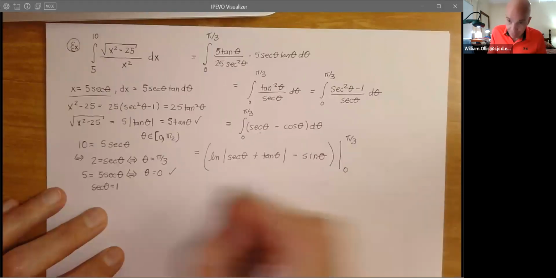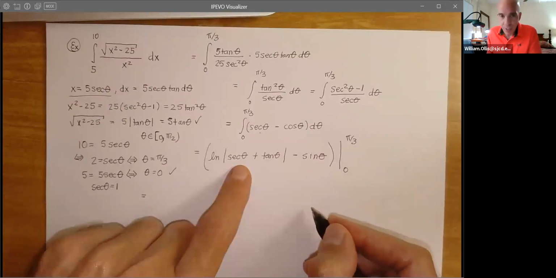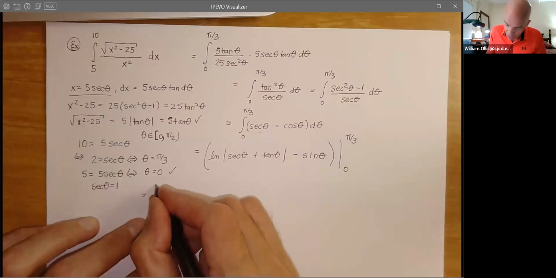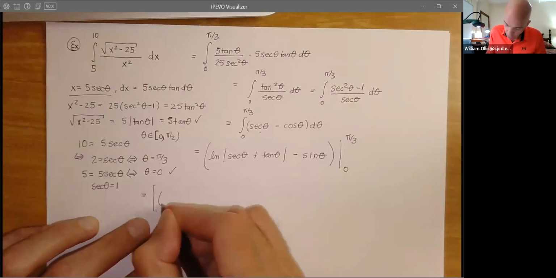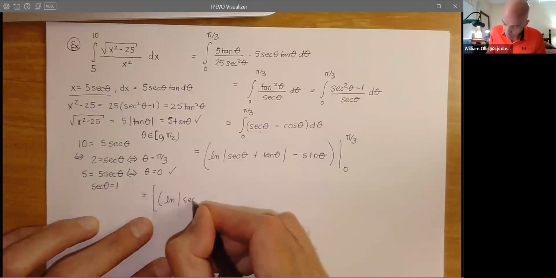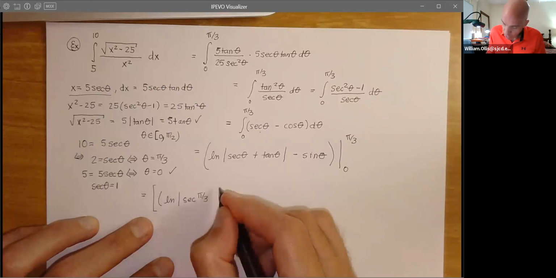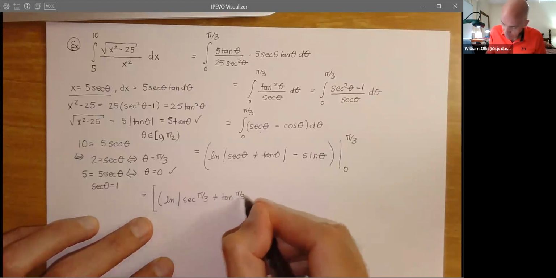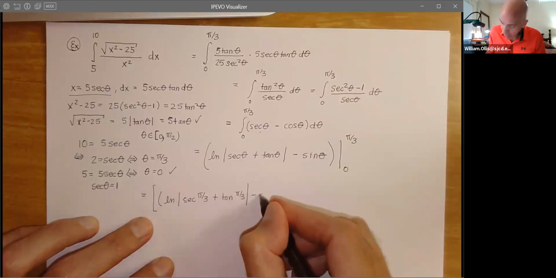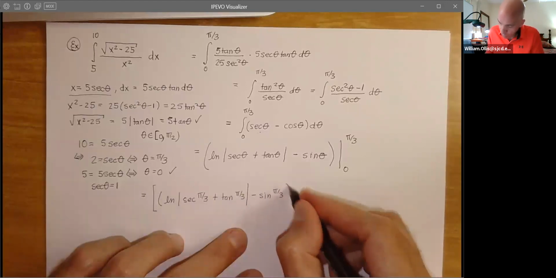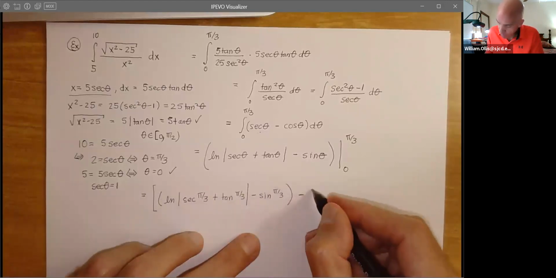So now, when we finish this, all we need to do is the fundamental theorem of calculus. So we've got, let's see, just do a bracket. So we have ln of secant of pi over 3. These are all on the unit circle, plus tangent pi over 3, minus sine pi over 3. That's the first portion. And then minus, and we put in 0.